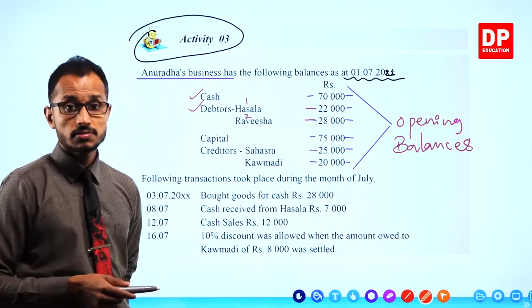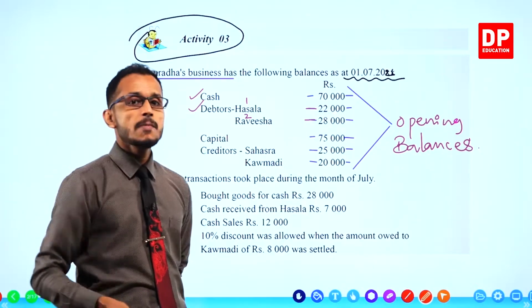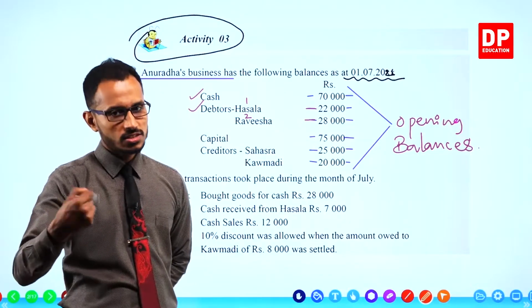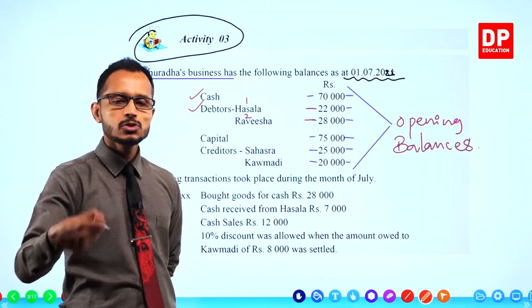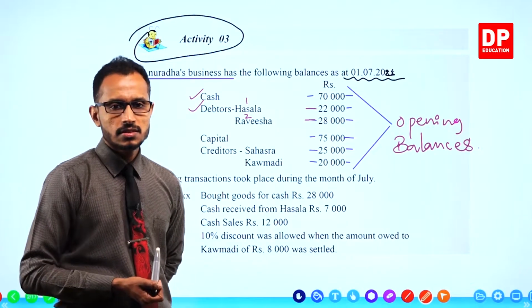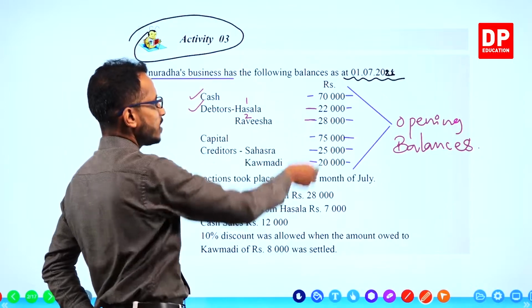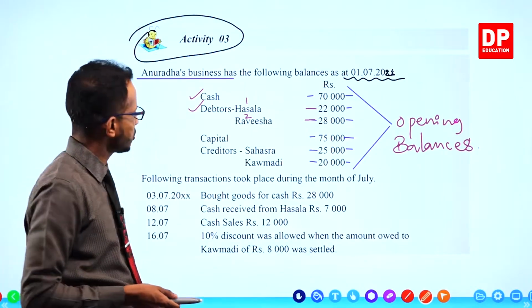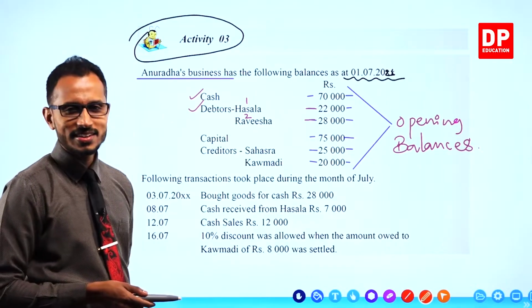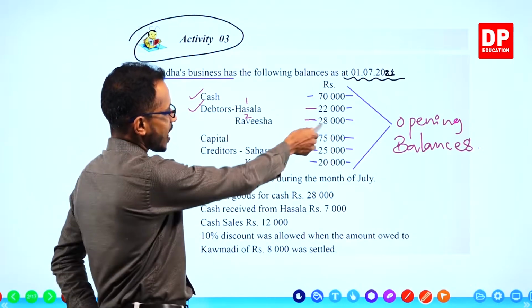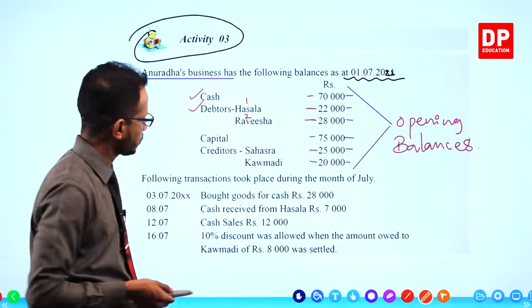These are debtors, trade receivables, people who owe us, our customers who have to pay us. This guy has to pay 22,000. Ravisha must be a girl, right? Let's assume it's a girl, and she has to pay 28,000.